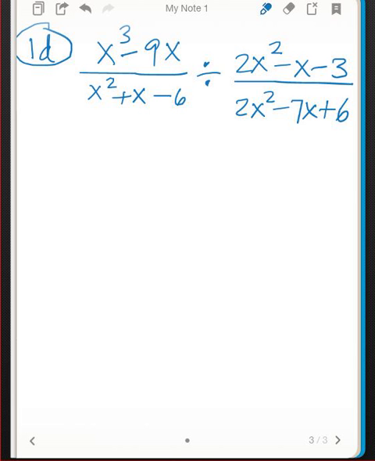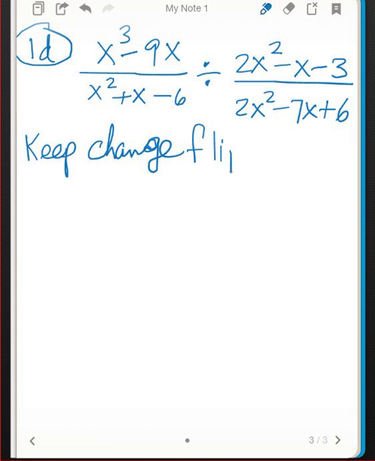So we're dividing two fractions in here. What we're going to do is we're going to keep the first one, change this to multiplication, and flip the second one. I call this keep, change, flip. That's how you divide two fractions.